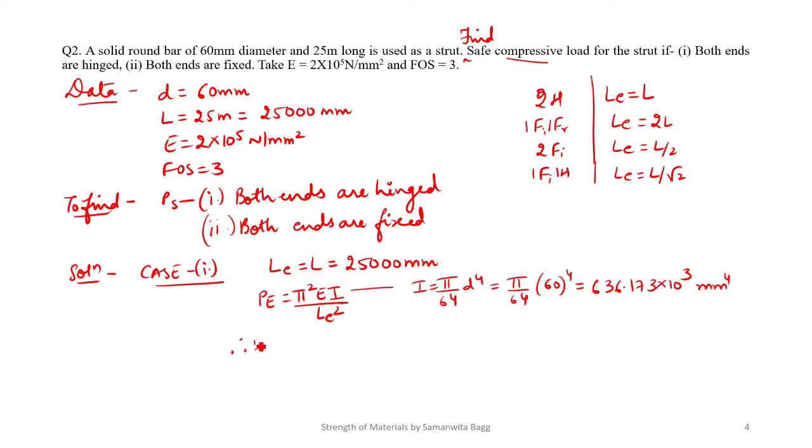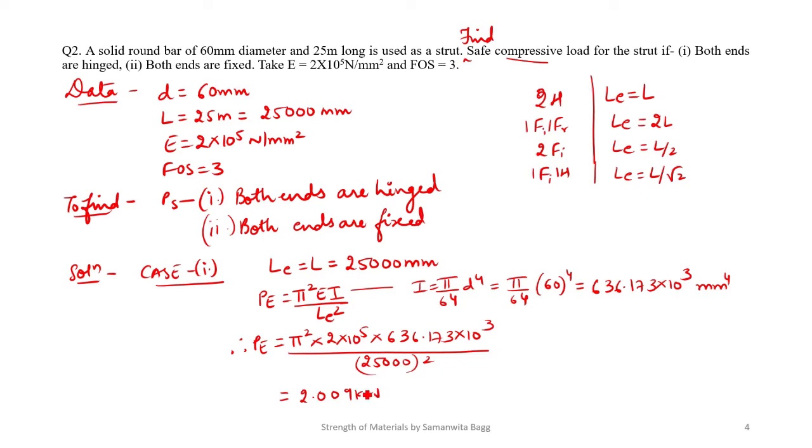So let's substitute. PE is equal to pi square, E is 2 into 10 raised to 5, I is 636.173 into 10 raised to 3, divided by LE, which is 25,000 square. On solving this, I get the value of PE as 2.009 kilonewton.